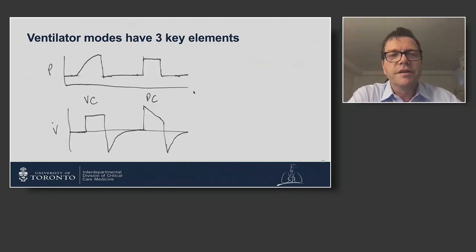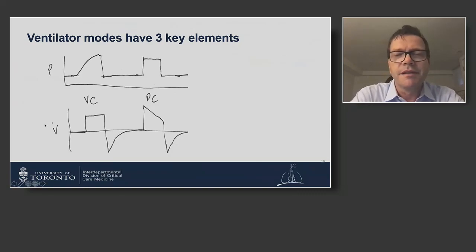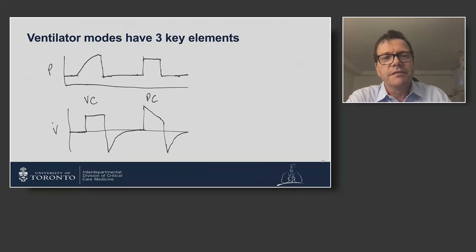So let's just look at a couple of ventilator waveforms here. I'd encourage everybody who's using a ventilator to be taking advantage of the graphics that are available, because it's like having continuous pulmonary function testing going on with your patient. So the first breath here, this is flow over time and pressure over time.